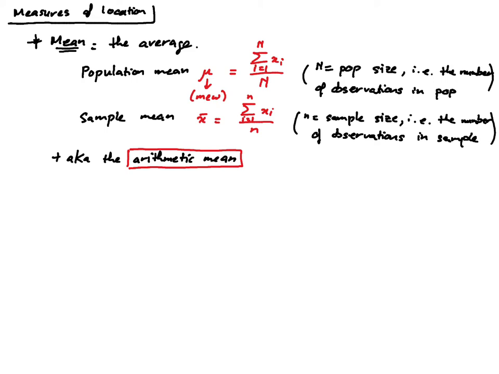Another thing that I want to bring up is that in statistics, the letter big N is always used to denote the population size, and the letter small n is always used to denote the sample size. This is universal in statistics.